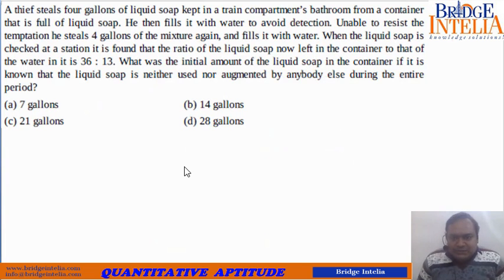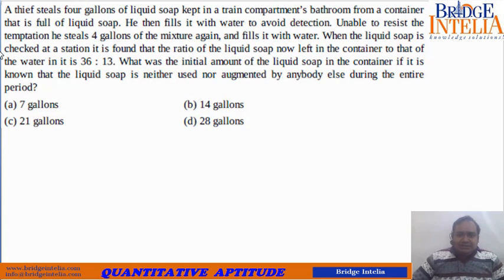Now let's have a look at this one. A thief steals 4 gallons of liquid soap kept in a train compartment's bathroom from a container that is full of liquid soap.